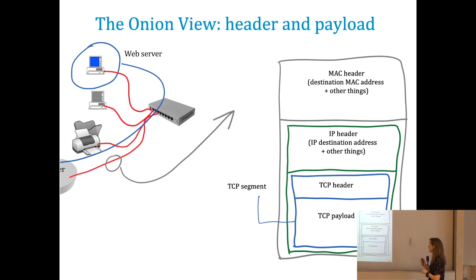In the headers, we have lots of different things, usually the destination and source addresses, and for instance, the hop limit and other types of information that might be important. For instance, the transport header will say whether we use TCP or UDP or things like this. And the TCP payload will be just the bytes of information that you're trying to transmit.